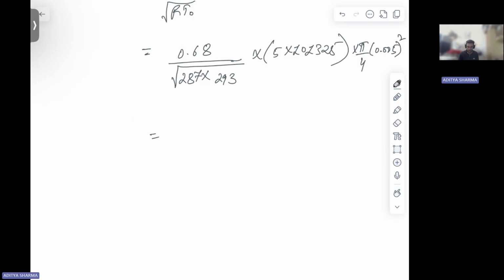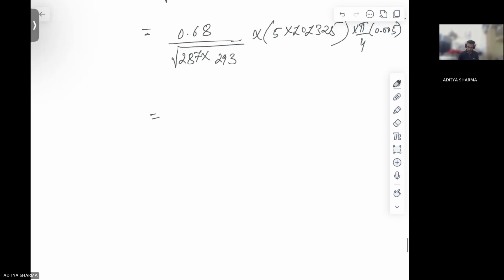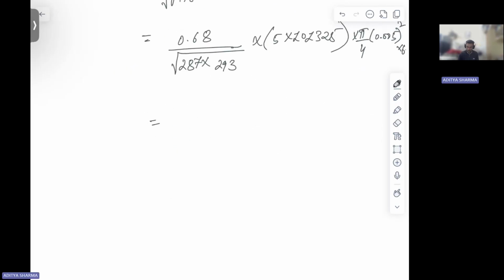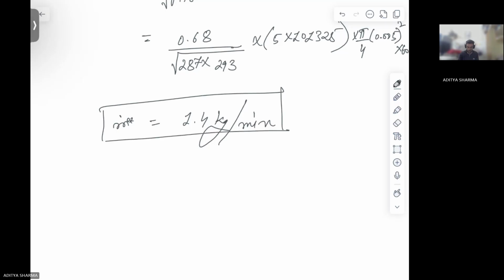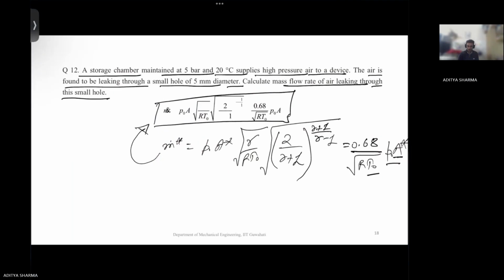Now if you calculate this and multiply by 60, this will come out to be 1.4 kg per minute. Okay. This is question number 12.